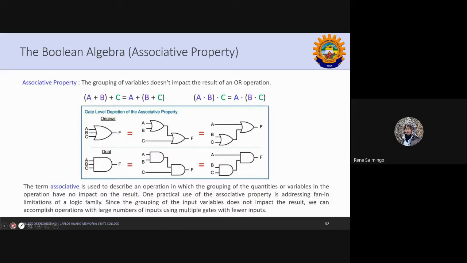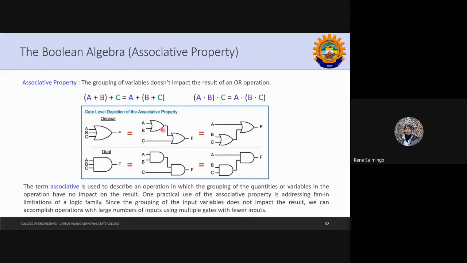For the associative property, we mean the grouping of variables. Grouping doesn't change the result of the operation. You have the original OR, and if you have a 3 input OR gate, to make it more detailed, you're going to have this.